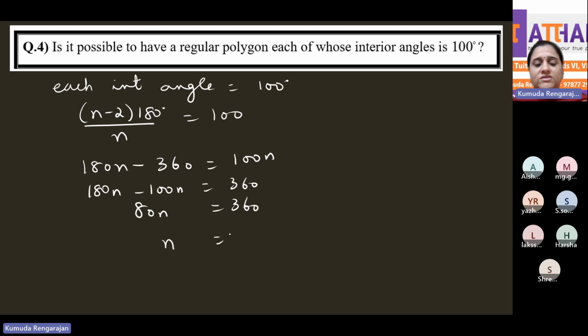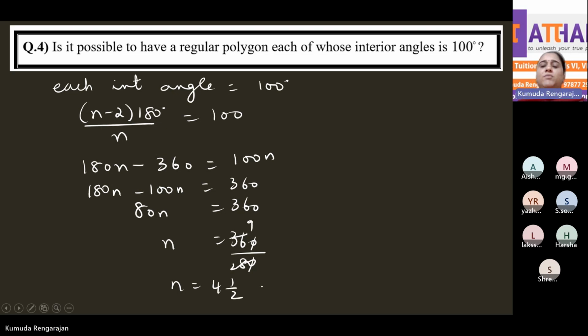N is equal to 360 divided by 80. So N is equal to, 0 cancels, 4 9s are, 4 2s are 9 by 2, which is 4.5. So it's not possible. Therefore, it is not possible.